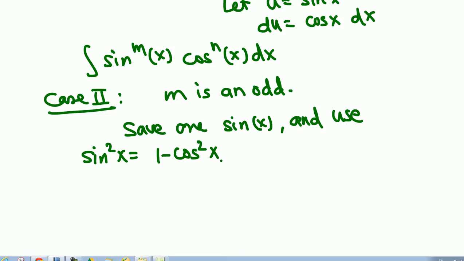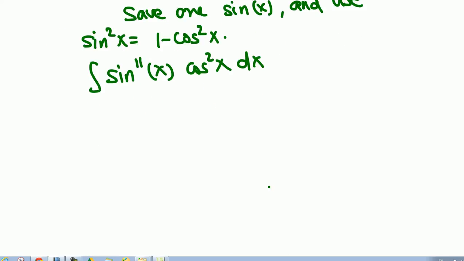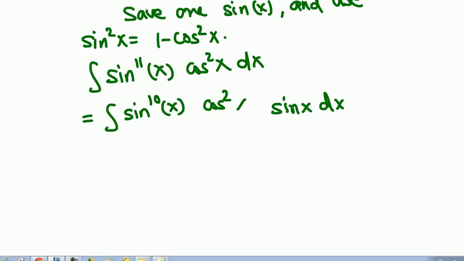in terms of cosine. For example, if we have sine 11x and cosine square x, in this case, since the power of sine is odd, we want to save one sine at the end, sine x dx, and it becomes sine, how many left, 10 x cosine square x.